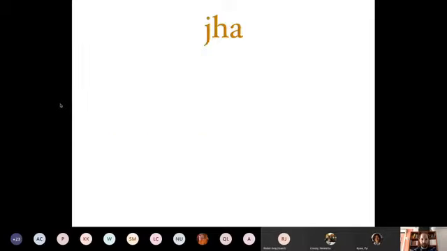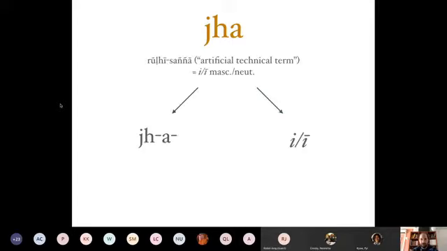So we have already seen what technical terms are, otherwise known as sanyas. And one that we have already seen is ja. So ja doesn't mean anything in Pali except for the syllable ja, the sound ja. But in the grammar, it's a rulhi sanya, that is an artificial technical term that refers to a reality, an external reality, so to say, that is the masculine and neuter ending in e or e.